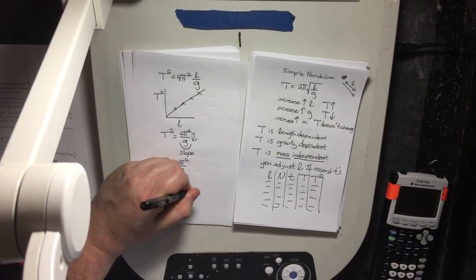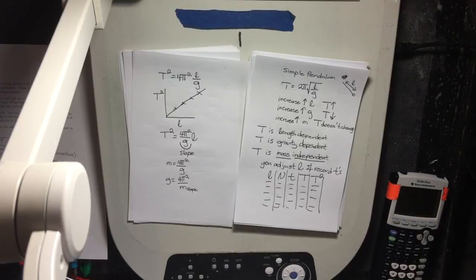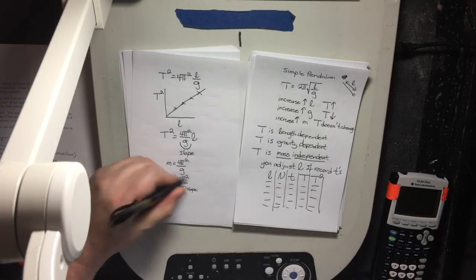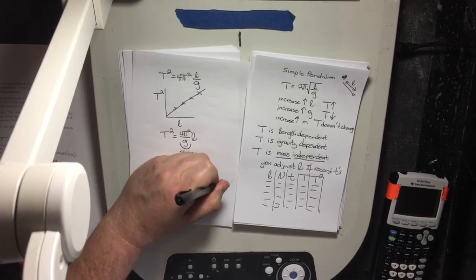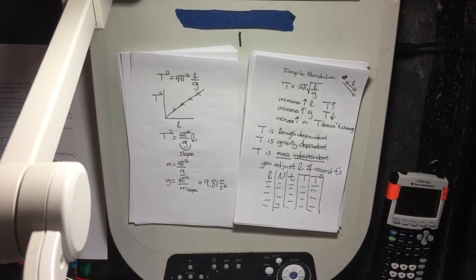Not the mass of the object at the end of the string, but the slope itself. And that G should be 9.81 meters per second per second. It's not going to be 10. 10 is whiteboard physics.